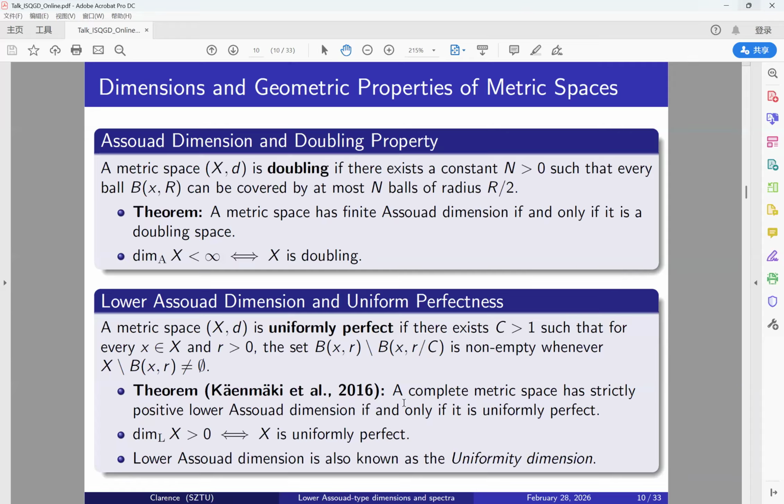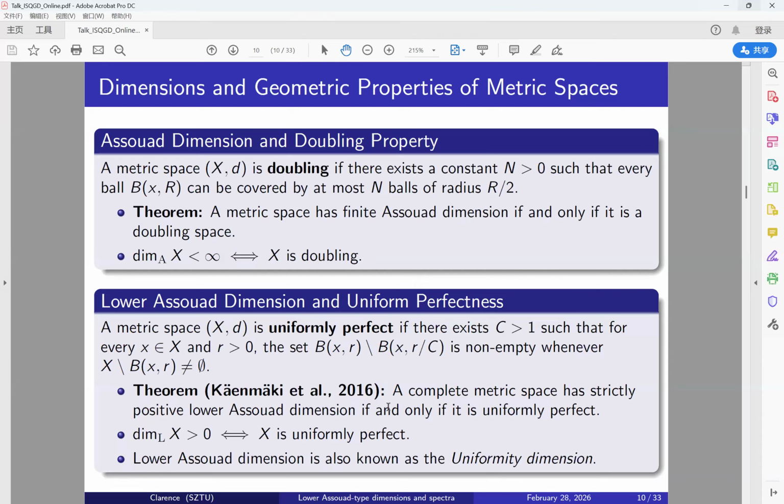So it means that if a set is uniformly perfect, then for any ball, if we cut out a smaller region of the ball, it still has some points in the ring section instead of being empty.